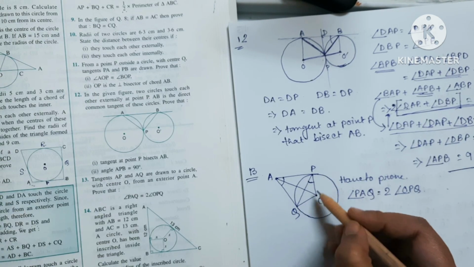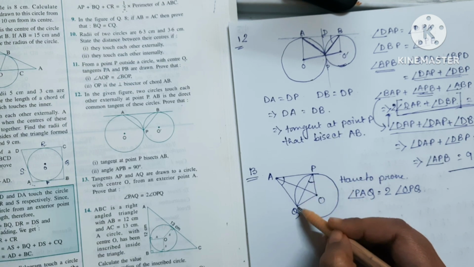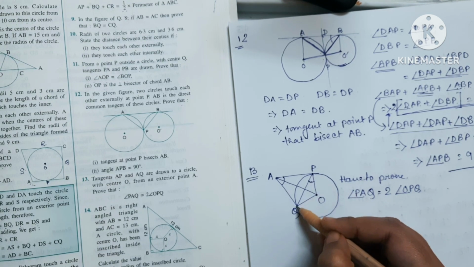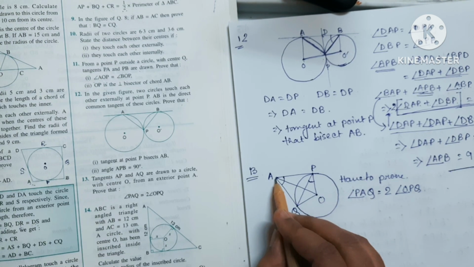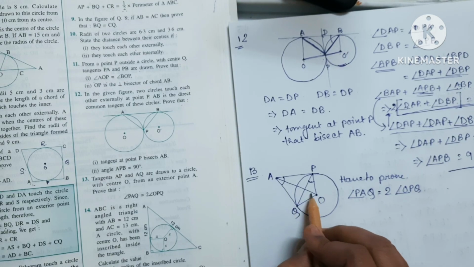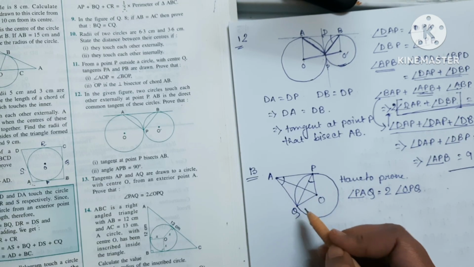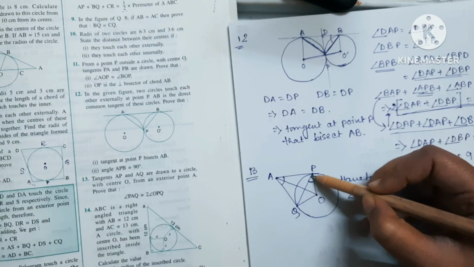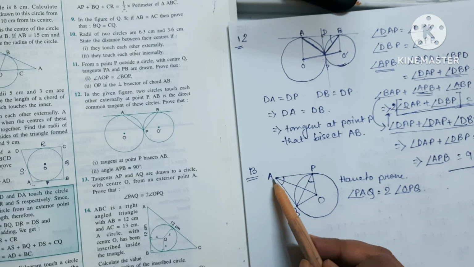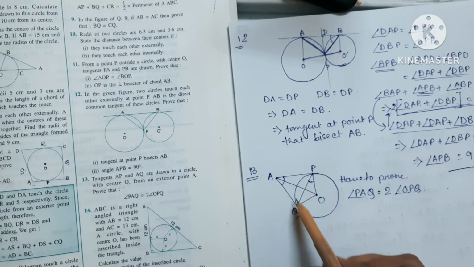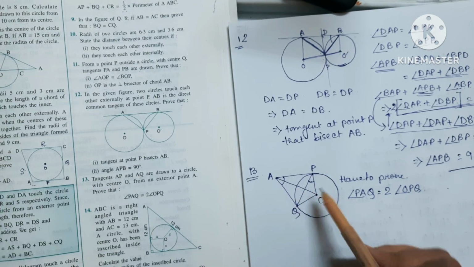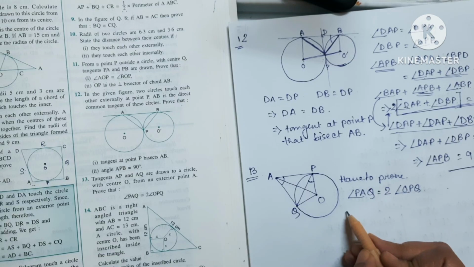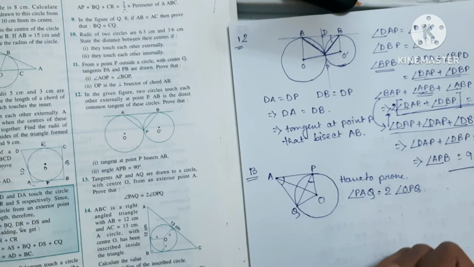Now see two triangles. I have joined the chord PQ, and I have joined A and O, so that will be perpendicular to PQ. Why? Because PQ is a chord joining these two points on the circumference. Since A is the exterior point and AP and AQ are two tangents of this circle, and OP and OQ are equal, they are radii of the same circle.